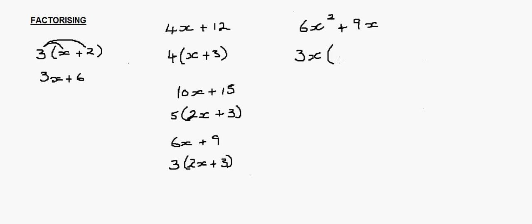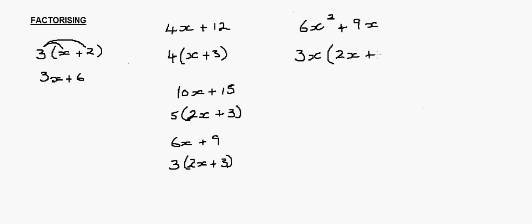Now I'd open the bracket. Now 3 times what would give me 6? Well, 3 times 2 would give me 6. Now x times what will give me x squared? Well, x times x will give me x squared. So if I was to multiply 3x by 2x, I would get 6x squared.